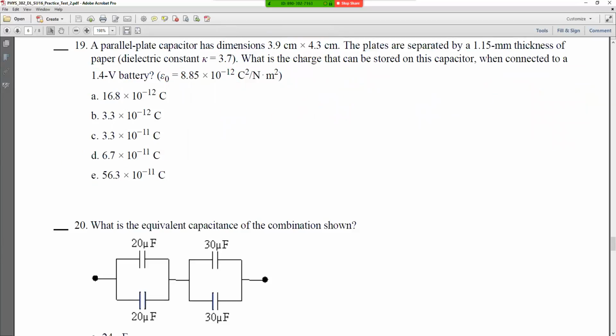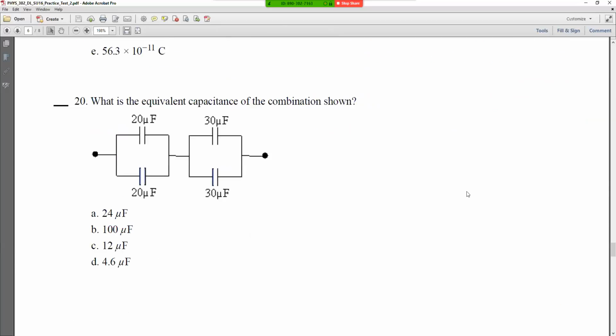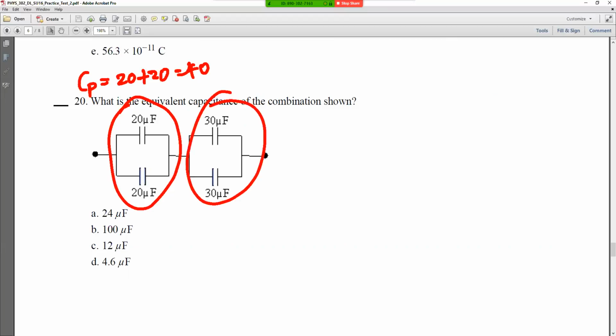And then number 20, what is the equivalent capacitance of the combination shown? So again, this is parallel. 20 plus 20 is 40. This is also parallel, which is 60.